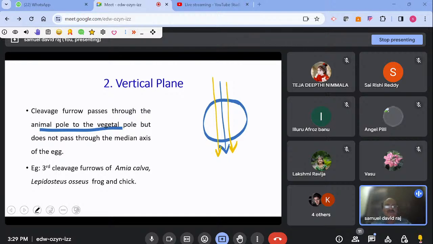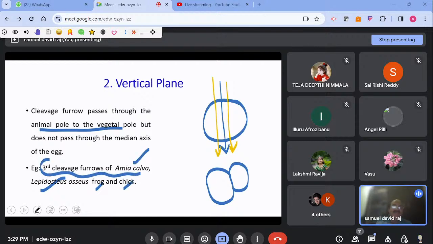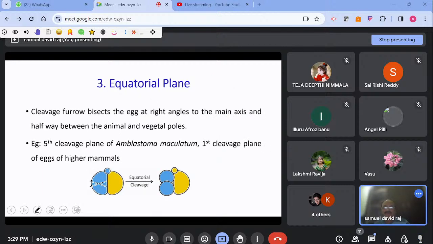So vertical plane always results in two cells, one which is larger and the other smaller. Exemplified again by Lepidosteus, osseous fish, frog, chick, and the third cleavage furrow of another fish called Amia calva. Next is the equatorial plane.